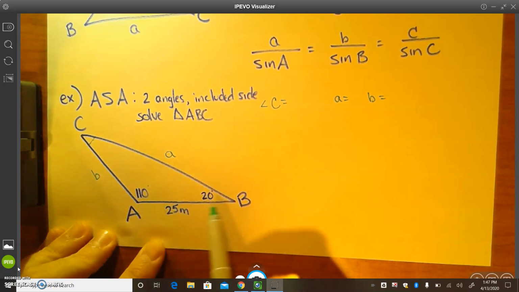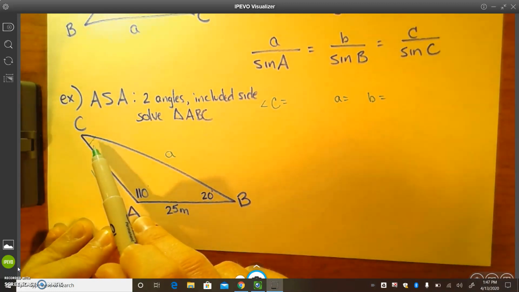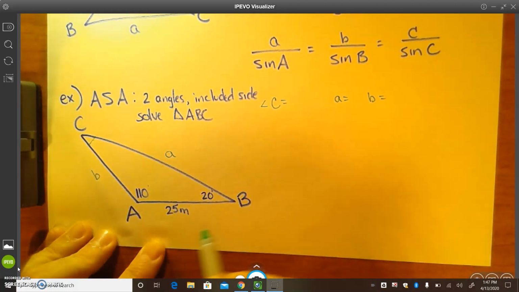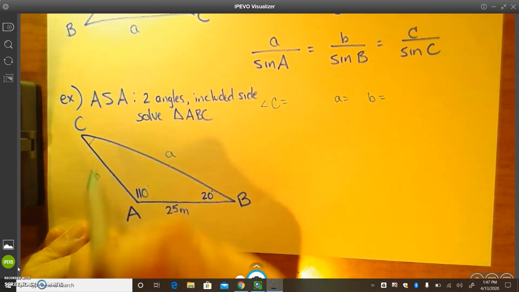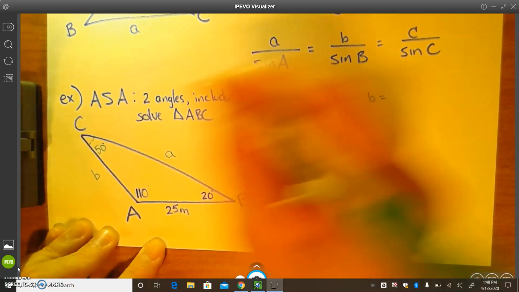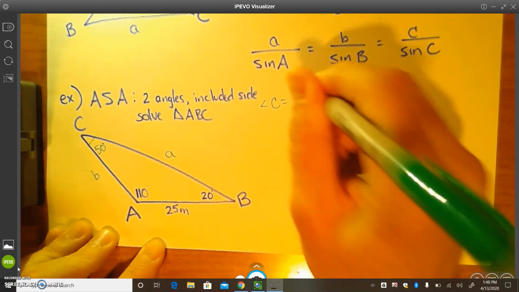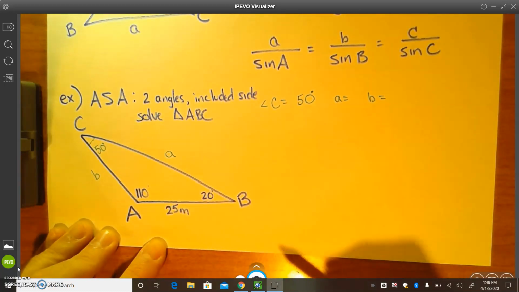If we have two angles of a triangle, we can subtract and get the third one pretty quickly. We know all three angles add up to 180. So 110 plus 20 is 130. Take that away from 180 and you get 50 degrees. So one of those is pretty straightforward.